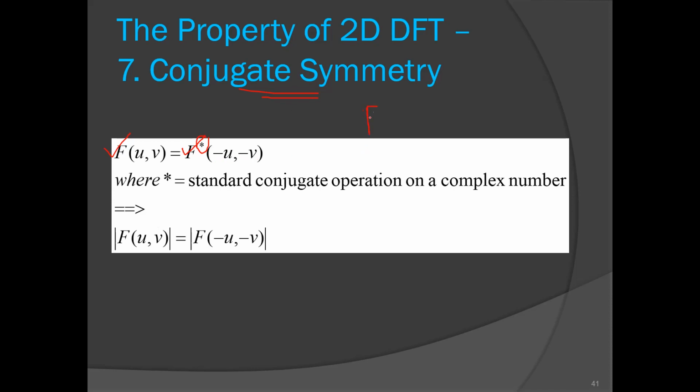If we have F(u,v) equals minus F*(-u,-v), this property is known as the anti-symmetry property. But our 2D DFT satisfies the symmetry property and not the anti-symmetry property. If we have a minus sign here, that is known as anti-symmetry. So our 2D DFT exhibits the symmetry property, and their magnitude remains the same. This modulus symbol represents its magnitude.